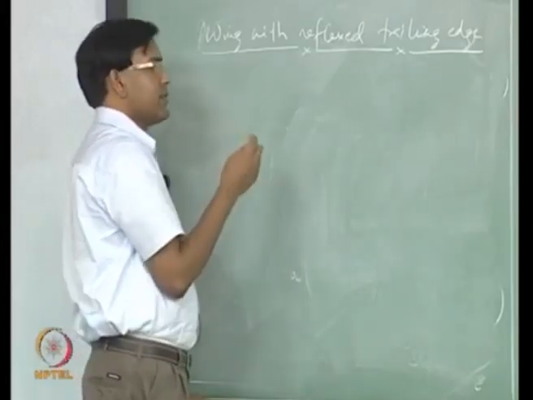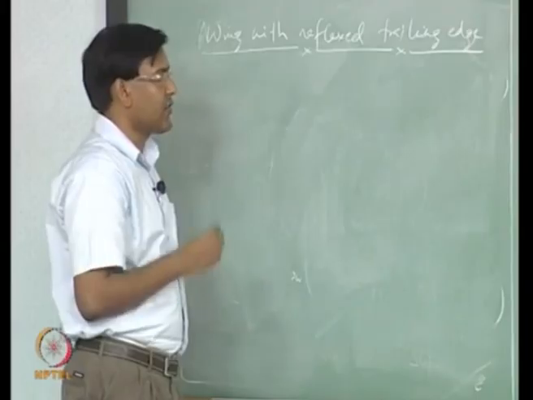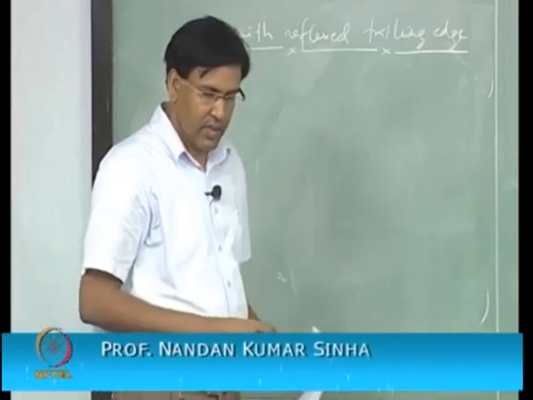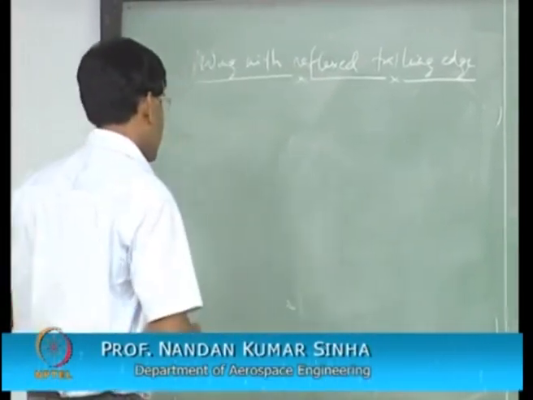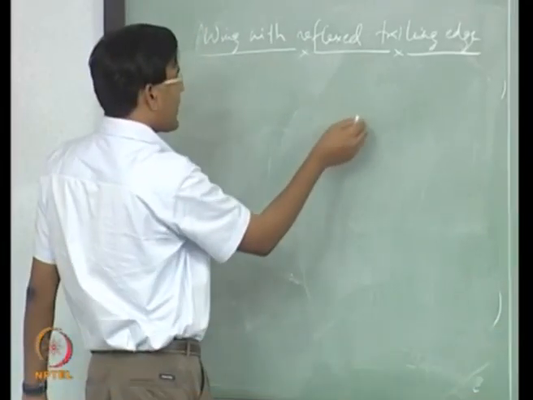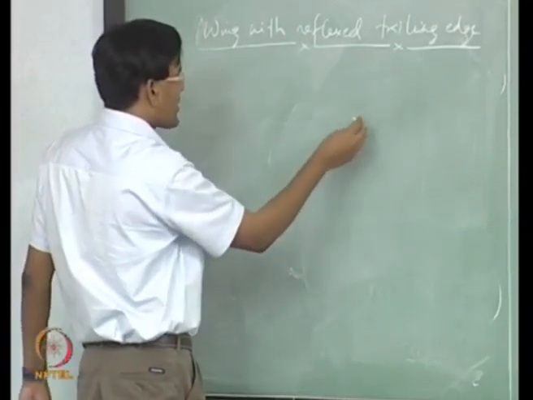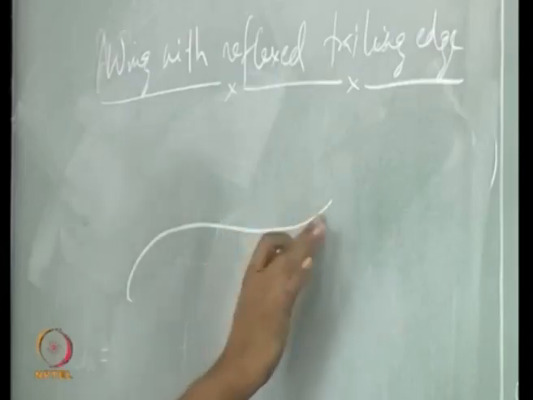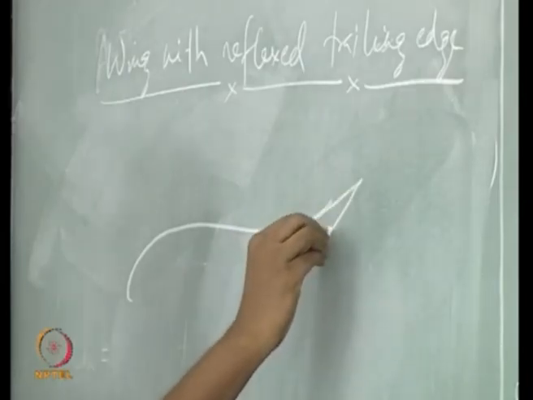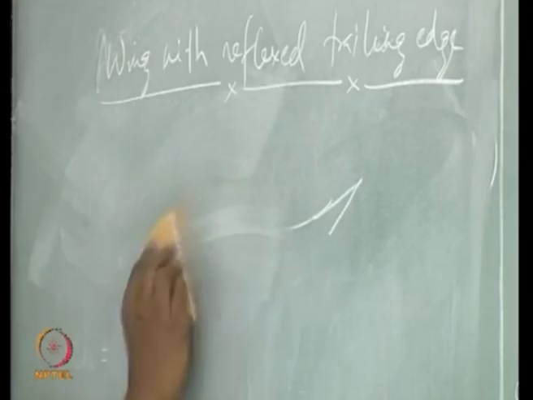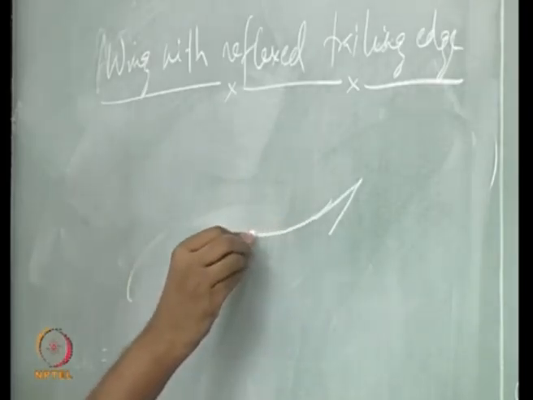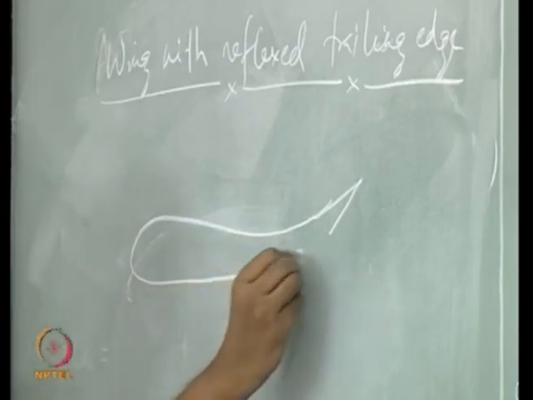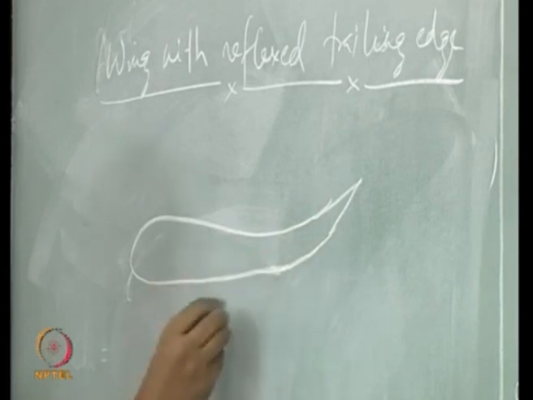So, in this case the airfoil or wing section is not negatively cambered for all chord portion, it is only negatively cambered for a small portion of the wing, and it looks something like this.